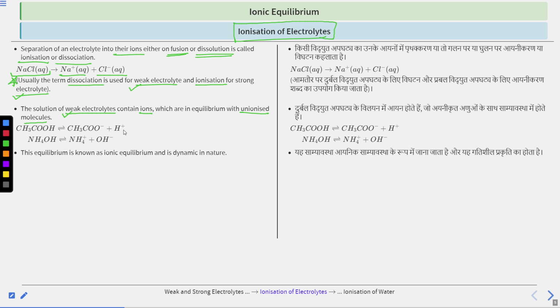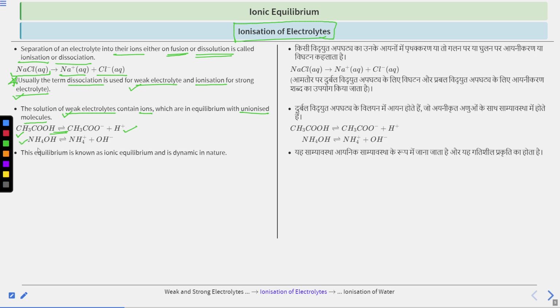For example, acetic acid dissociates into CH3COO minus plus H plus. This is a dissociation because we are using a weak electrolyte. Then you can see that in the solution of a weak electrolyte, equilibrium is established. This double arrow means this reaction is in equilibrium, and the equilibrium is between the unionized molecule and the ions.